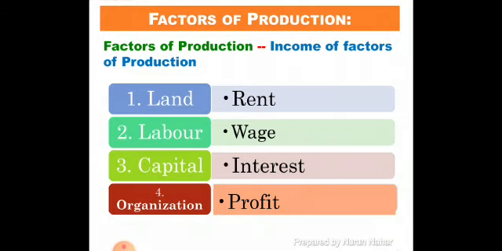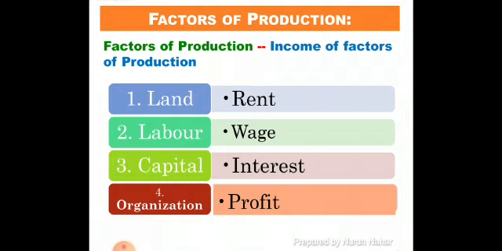In the diagram, you can easily see, when we use a piece of land, we pay rent to the owner. When we use a laborer, we give him wage as his income or payment. When we use capital, we pay interest to the owner of the capital.